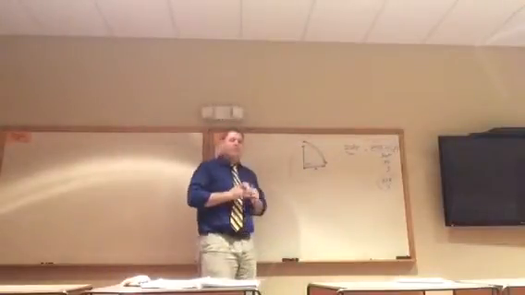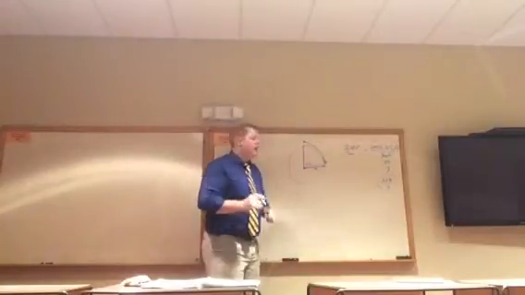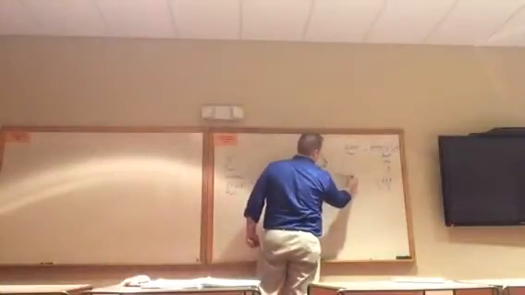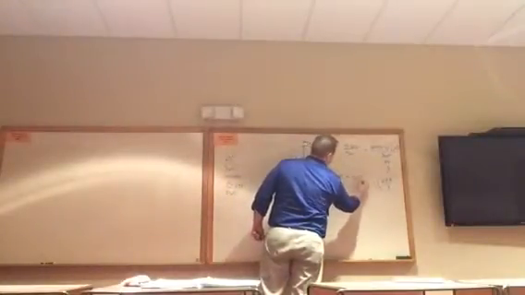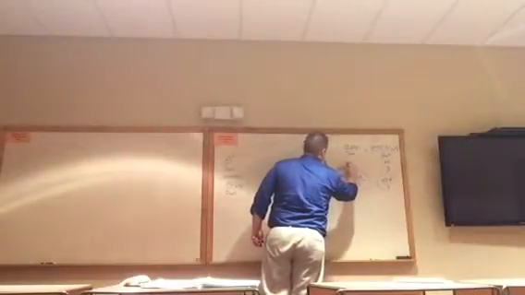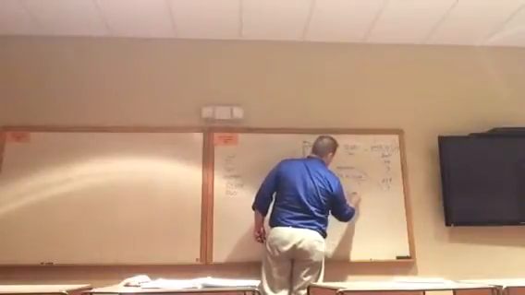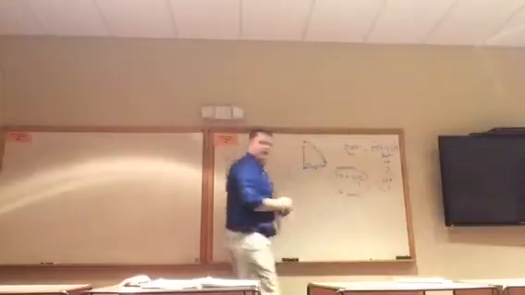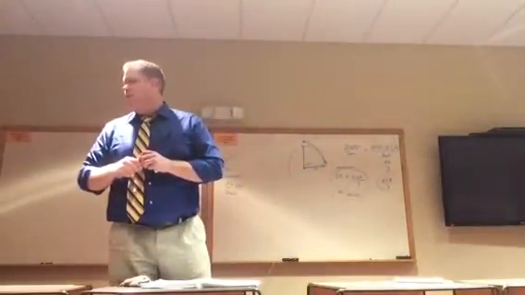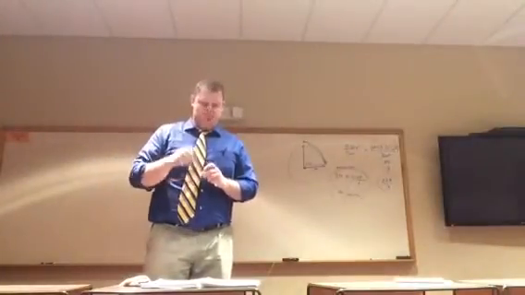Very good. So if I'm looking for the entire perimeter of my sector, it would be 12 plus 12, which is 24, plus 22 pi over 3. That would be the perimeter of the sector. Okay? Does everybody understand that? Okay, good.